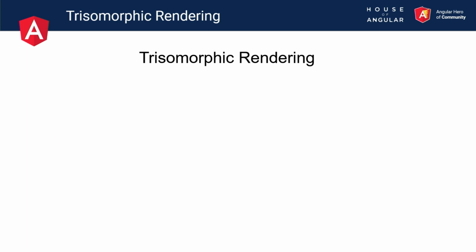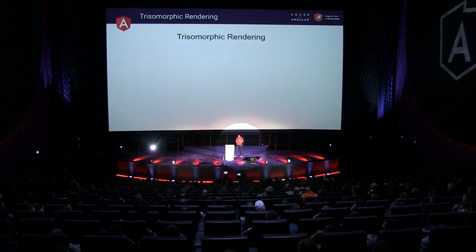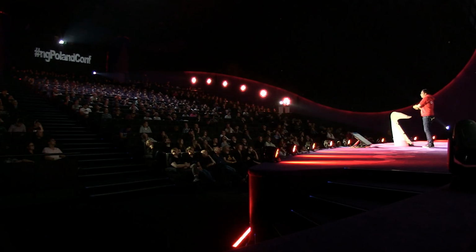And the last idea that I want to talk about is trisomorphic rendering. And I don't like this term. It's kind of complicated and it's not that well established, but you can find references to it, for example, on web.dev. What this idea is essentially is isomorphism plus three. The same JS runs in the browser and on the server, and is supposed to also run in a service worker.